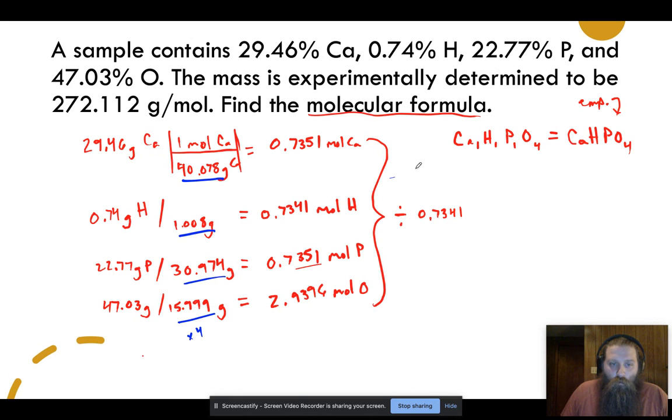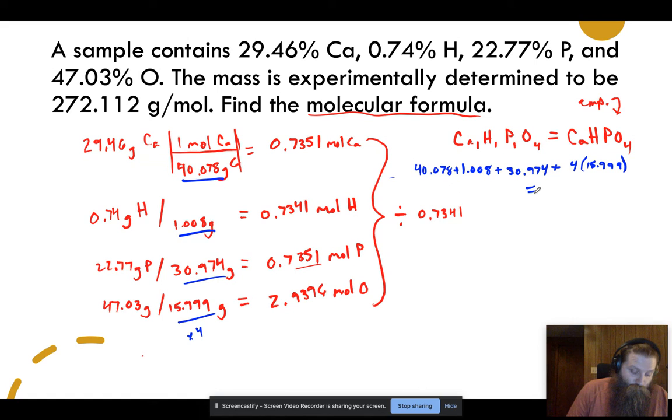So we'll do 40.078 plus 1.008 plus 30.974 plus 4 times 15.999. And when we add that up, we get, let's see here, 136.056. There's our mass, grams per mole.